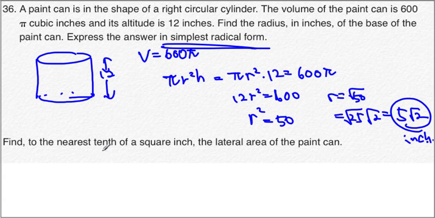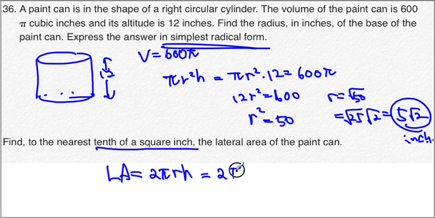Alright, to the nearest tenth of a square inch, find the lateral area. The lateral area simply is 2 pi r h. Then here 2 pi, r is 5 square root of 2, h is equal to 12.